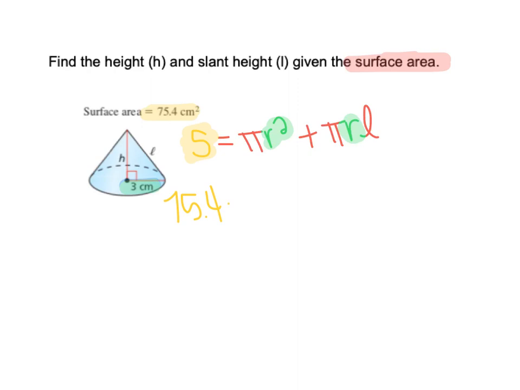75.4 equals pi r squared, r is 3, so we'd have 9 plus pi times r, which is 3, times L. We don't know what that is.